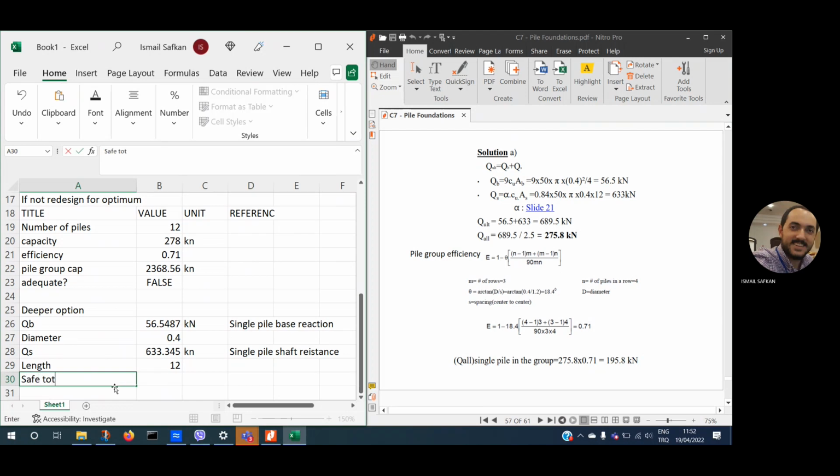Let's proceed. Total single pile resistance. Factor of safety was assigned as 2.5 for the total. So open bracket, this plus that divided by 2.5. And find it here.